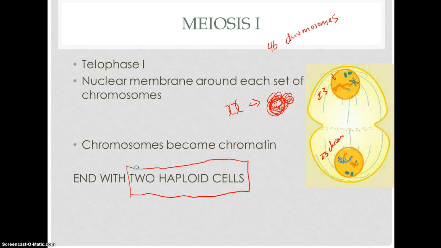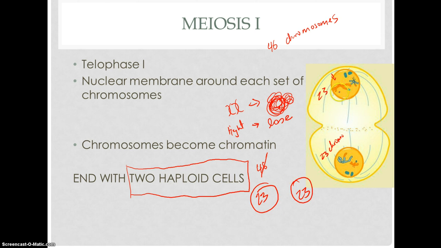Then we have telophase 1, in which we are turning chromosomes into chromatin, so from tight to loose. And we're going to end up with 2 haploid cells, meaning that when we have 46 chromosomes, we're going to split the 46 into 2 cells with 23 chromosomes.